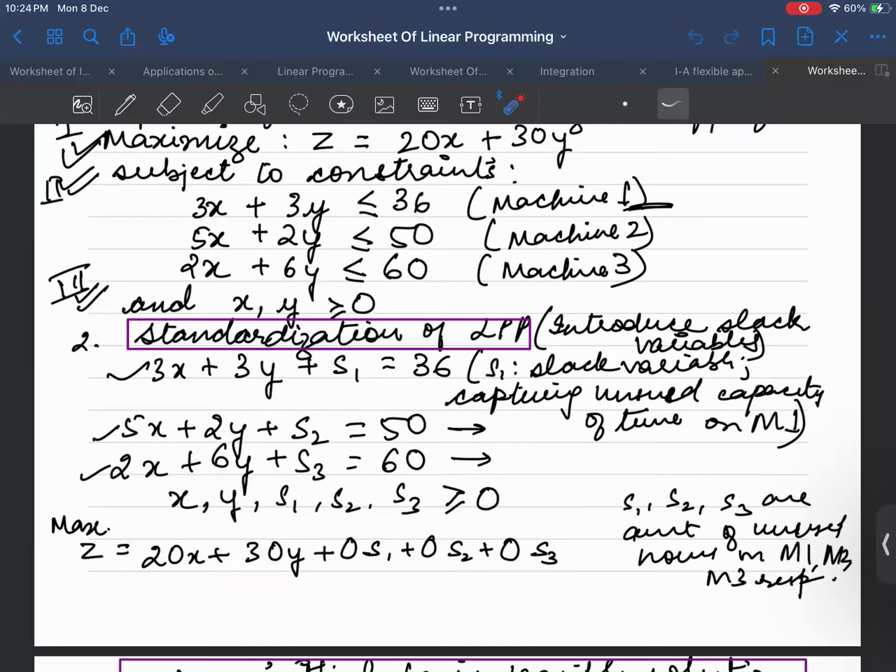In the same way, when we add another three variables, they need to have some coefficients, and we need to identify them. The objective function should be modified accordingly. So we have modified the objective function, which was previously like this, and now it would be this.